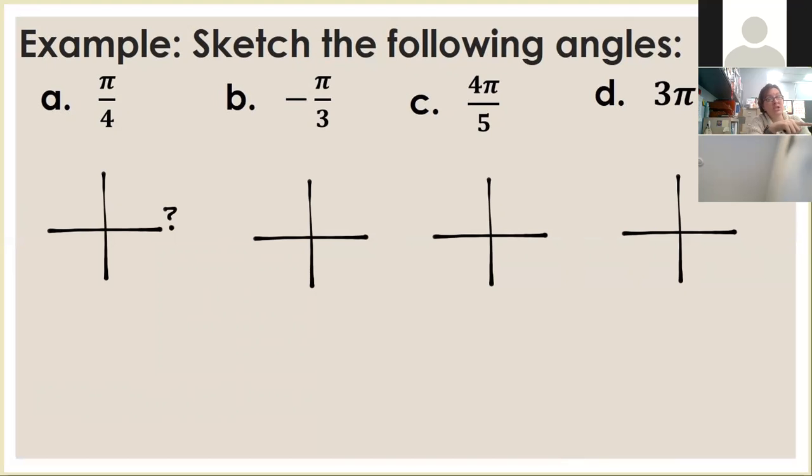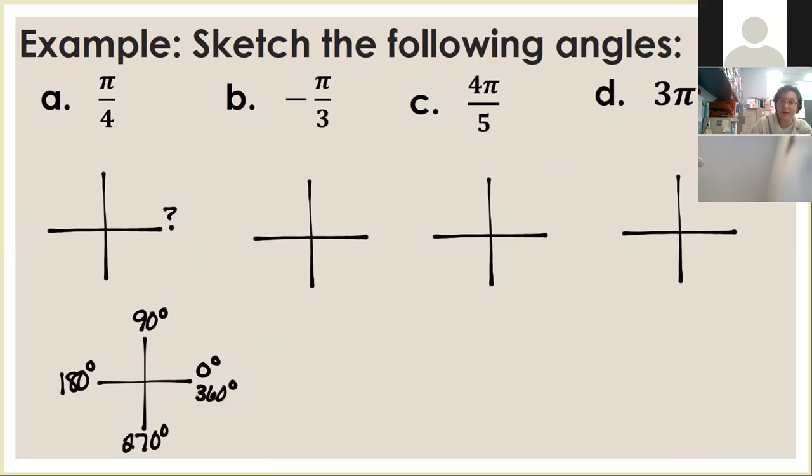Close. I'm going to be sketching pi over 4, but first I want to do similar to what we did with our degree markings, where we had them marked as 0 degrees and 90 degrees and 180 and 270 and 360. There we go, 0 and 2 pi.